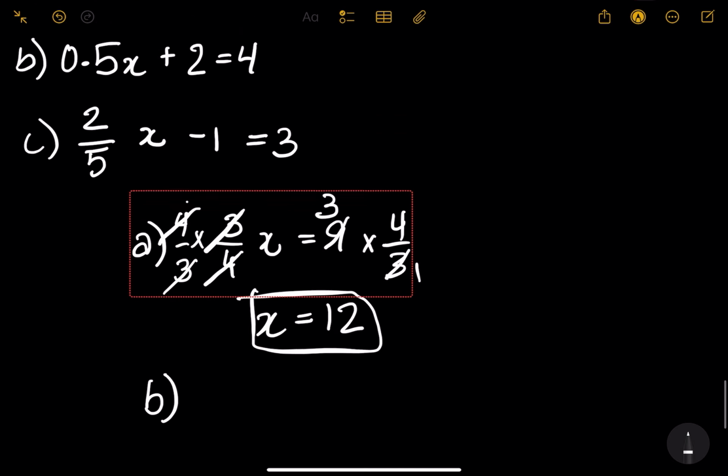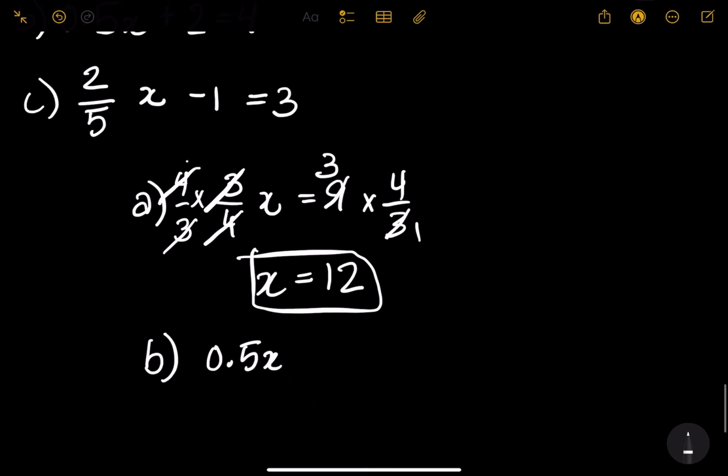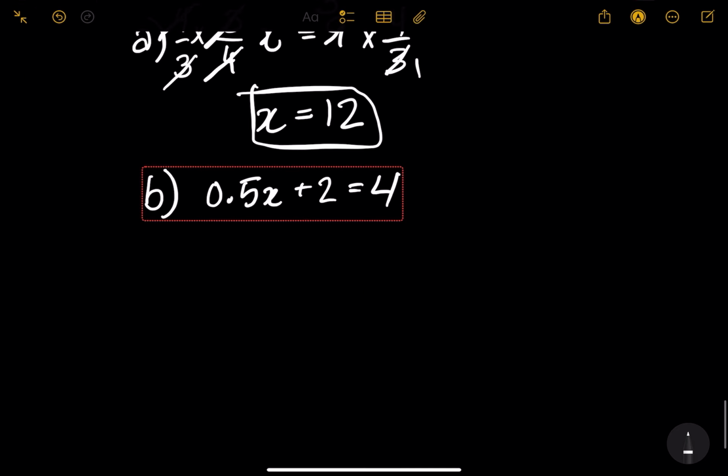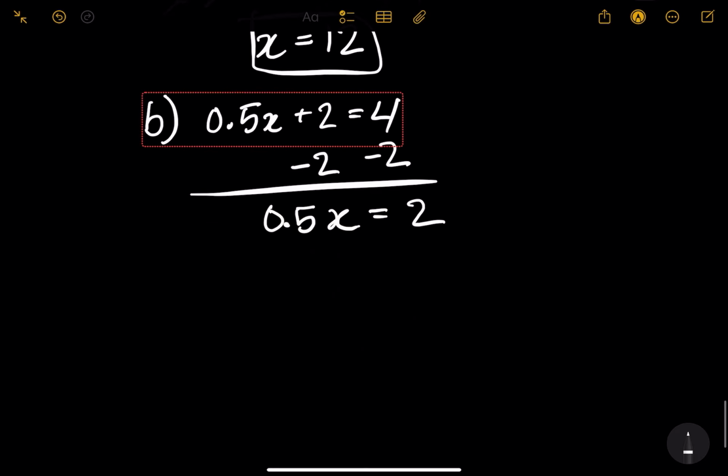For B, we have 0.5x plus 2 is equal to 4. For this one, we're going to subtract 2 on both sides. So 0.5x is equal to 2. Divide both sides by 0.5.